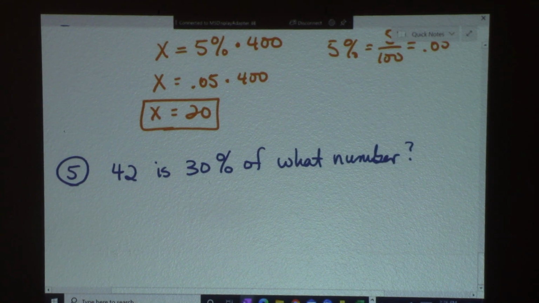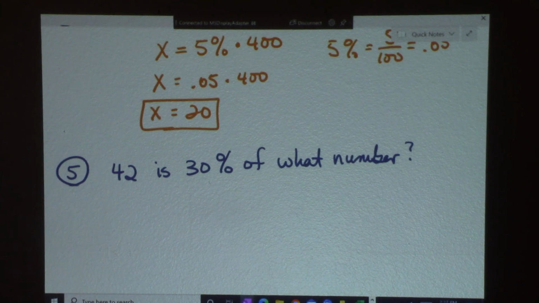Okay, so basically the words are all put in a different order, or they're asking a little bit of a different thing. Usually they want to know what is the percentage, or what is the total, or one of the numbers. Basically all the questions are the same, except the words are just put in a different order, and they are either asking for one of the numbers or the percent.